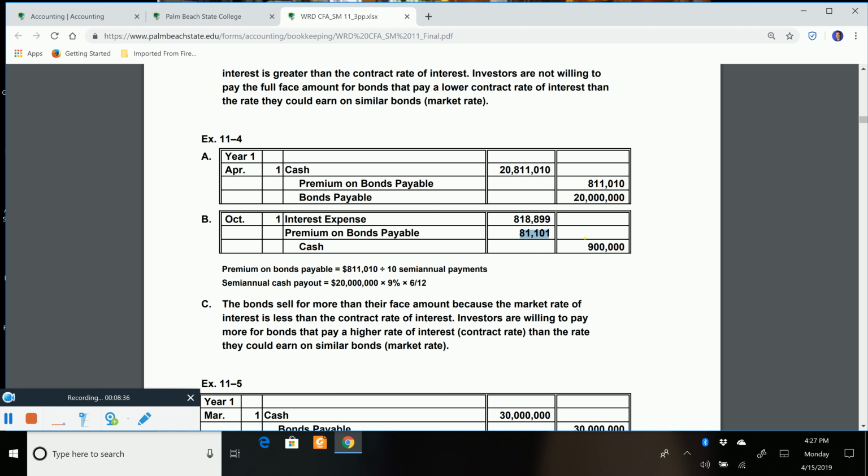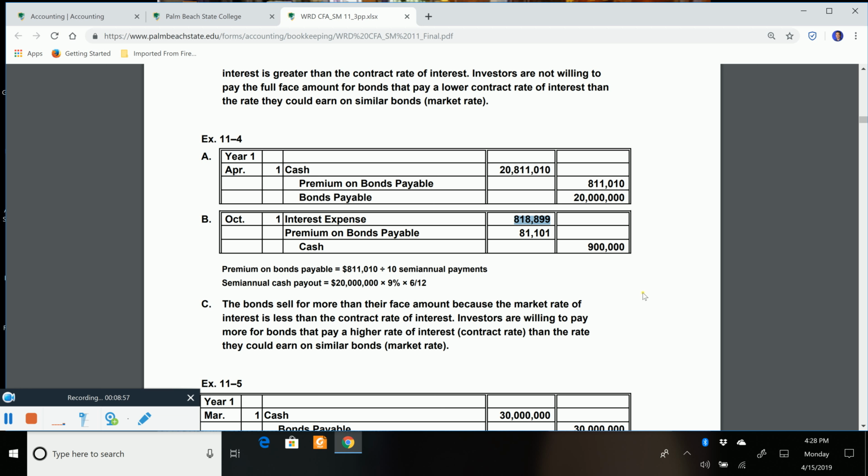All right, and since the premium has a credit balance, we will amortize it by debiting it. So the difference between the cash payment of $900,000 and the premium amortization of $81,101 is going to be your interest expense.